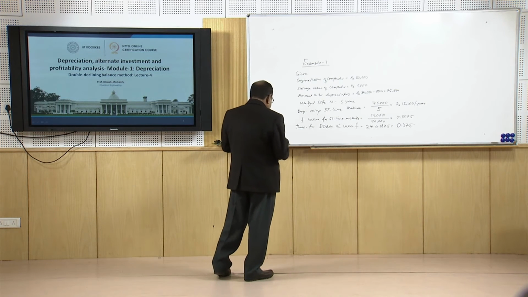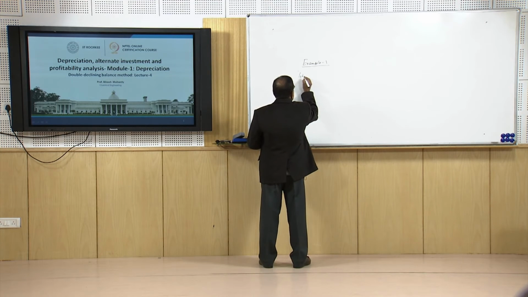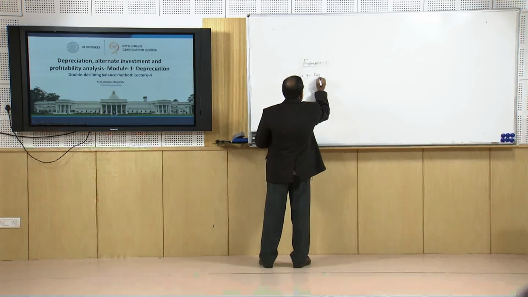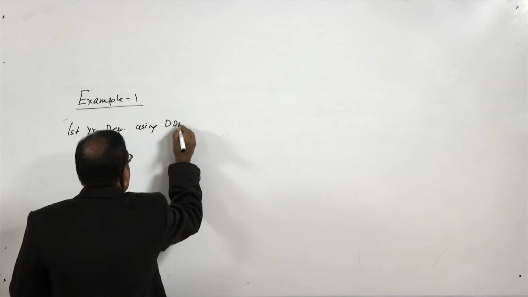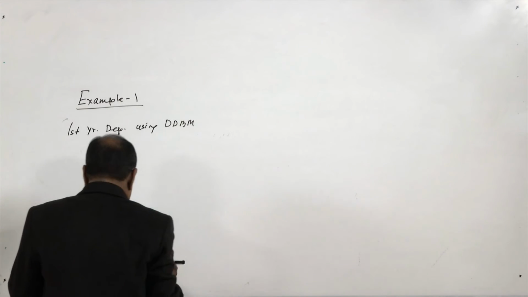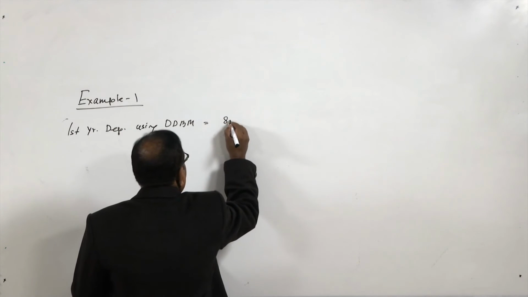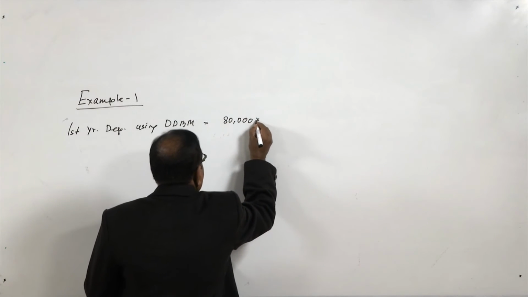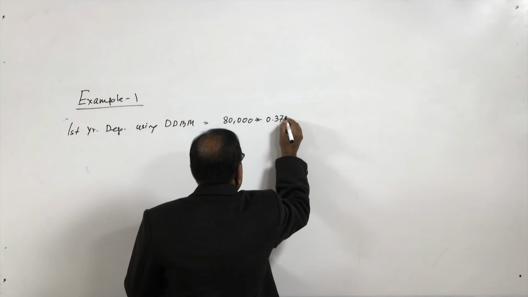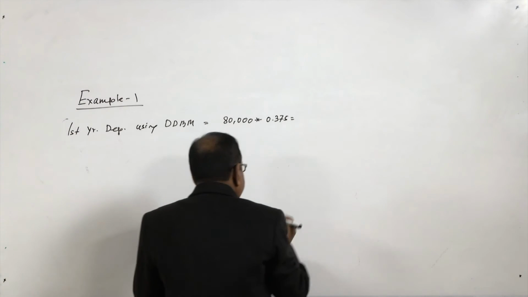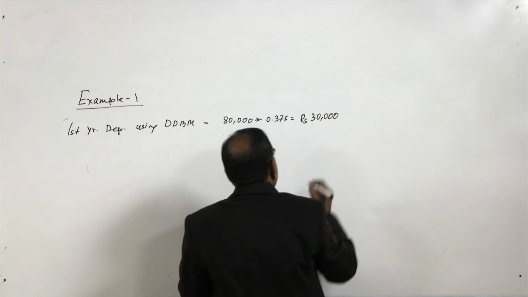Now, the first year depreciation using DDBM method is equal to 80,000 into 0.375, which comes out to be 30,000.